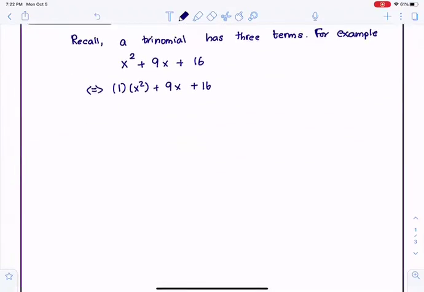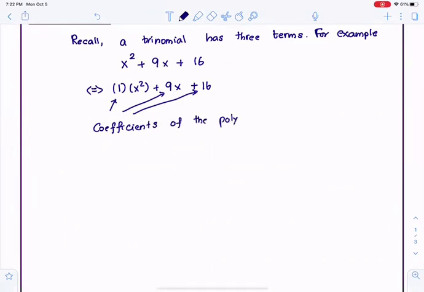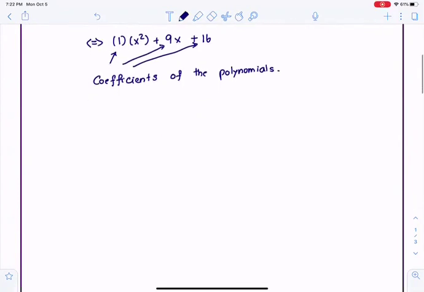The 1, 9, 16, they're all coefficients of the polynomials. So there is a key trick to factoring a trinomial.